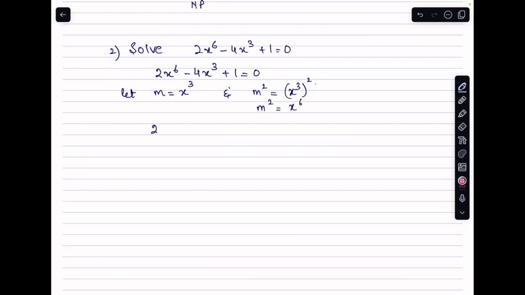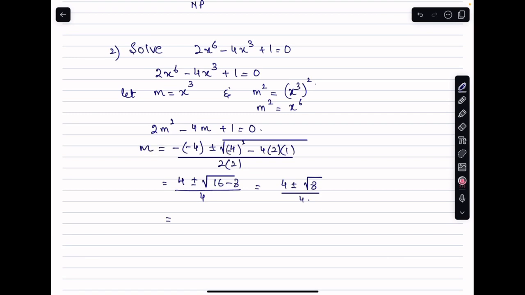So this equation in quadratic form can be written as 2m² − 4m + 1 = 0. Solving it by the formula, I will say m will be equal to negative times negative 4 plus minus under root b², which in this case is (−4)² minus 4 times 2 times 1, all over 2a.